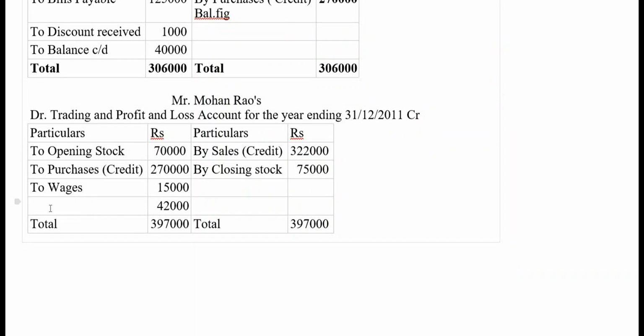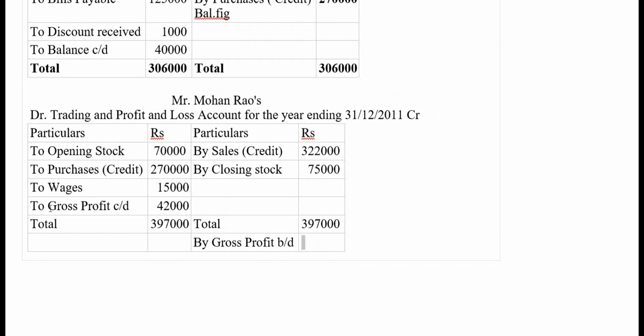So this is gross profit. So, to gross profit carried down. Now let's continue here. By gross profit brought down, which comes to rupees 42,000.